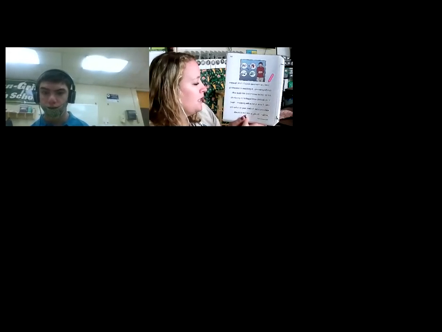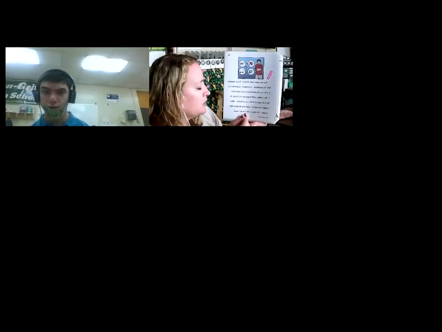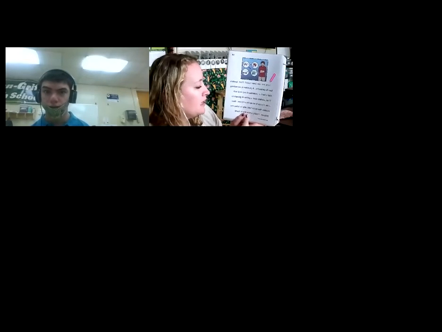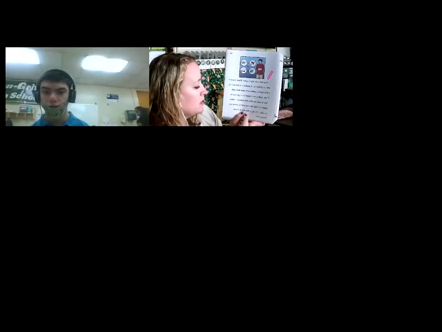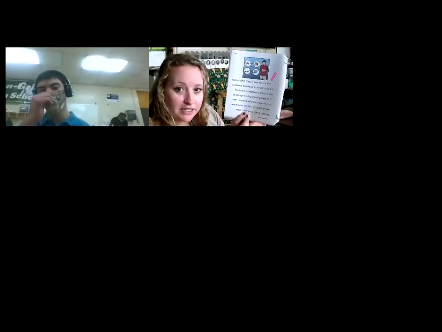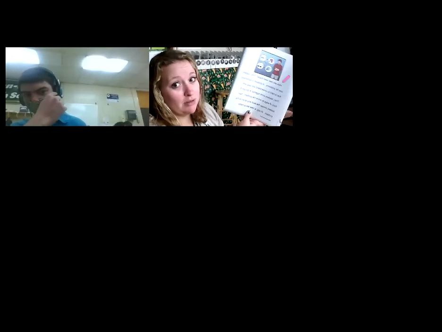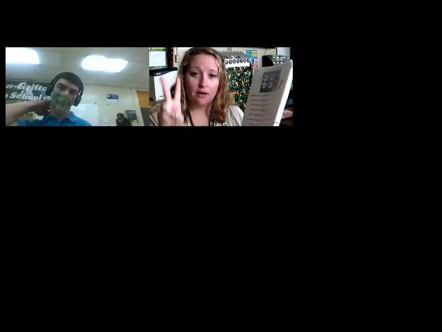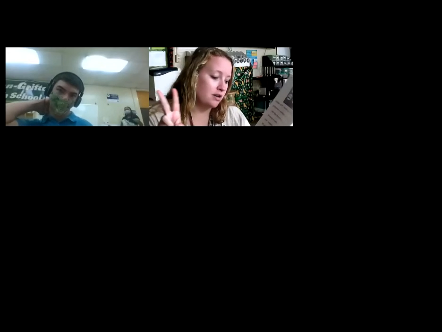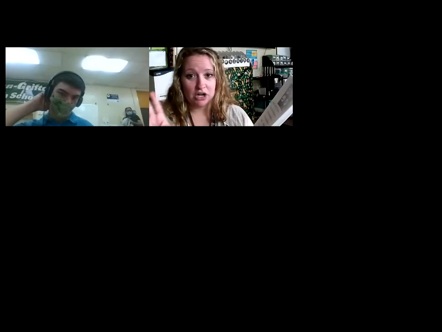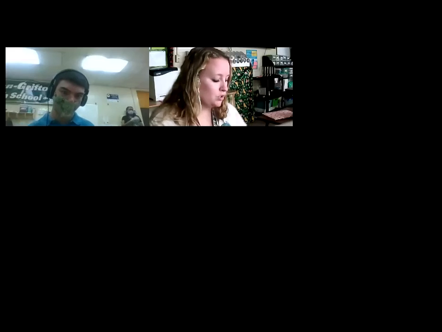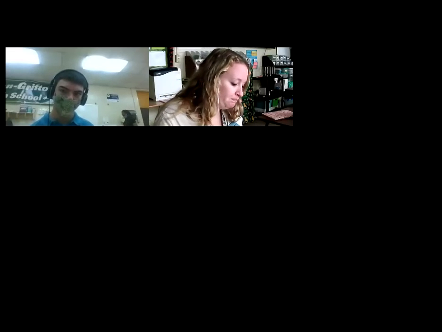Then leaders work together in groups to think of ways to solve the problem. Next, leaders choose the best way to solve the problem. And finally, new laws are made. That's a really simple way to explain how laws are made. There's a problem, they work together to find a solution, and then they choose the best way to solve the problem. That is how rules or laws are made.